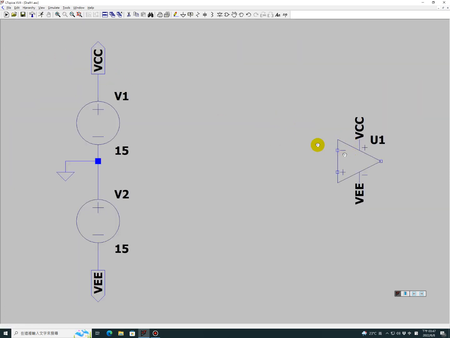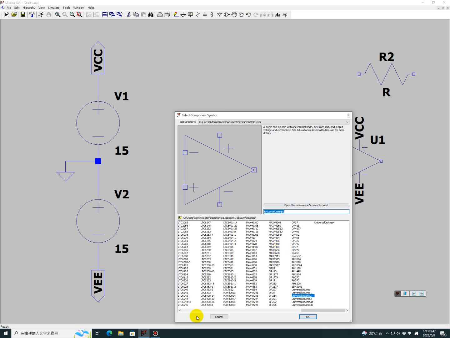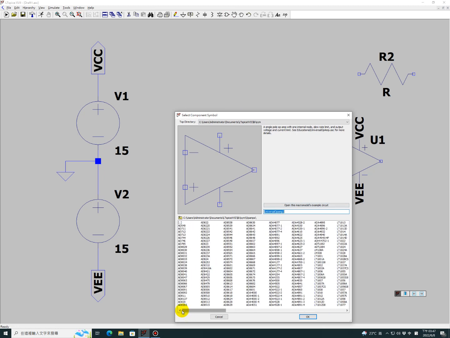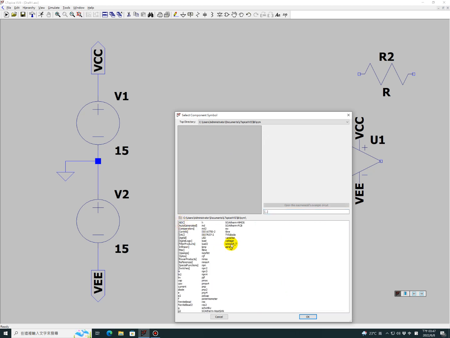Now, for example, if I want to complete the design for the non-inverting case, this is R2, R1, R2, and of course I need a voltage source as a signal. So let's go to the voltage source.